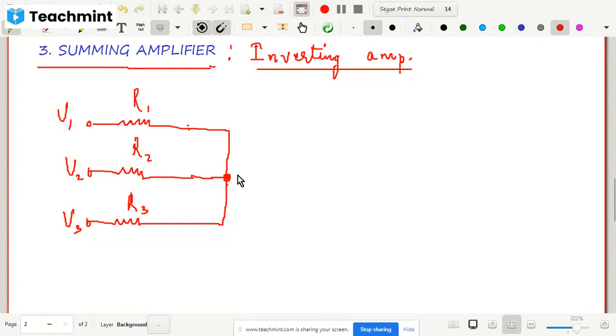Since this should be an inverting amplifier, I will connect this input to the inverting terminal. I will have an operational amplifier, and I connect it in this way. This is my inverting terminal. I will connect all of these to the inverting terminal, and the non-inverting terminal is grounded.